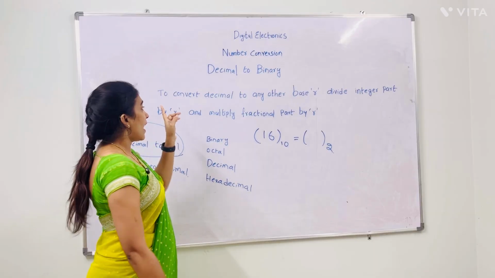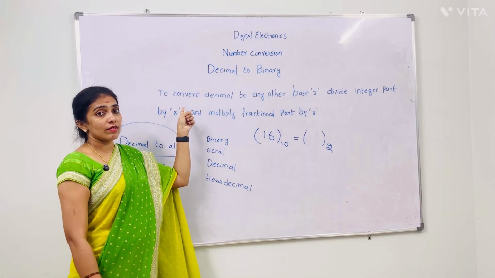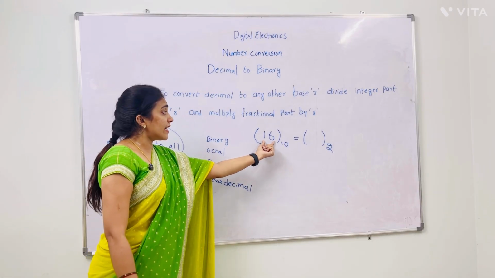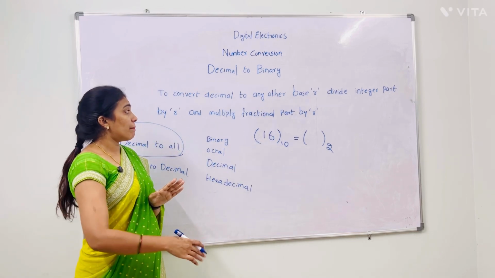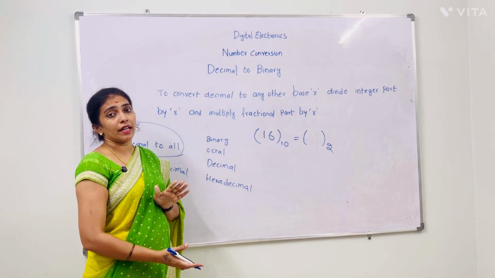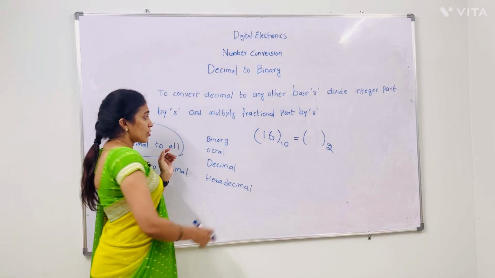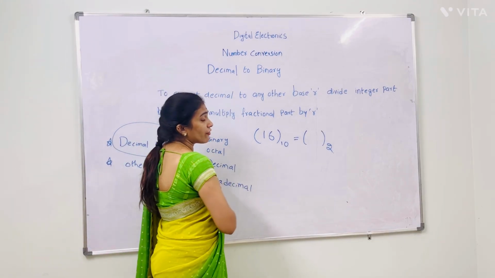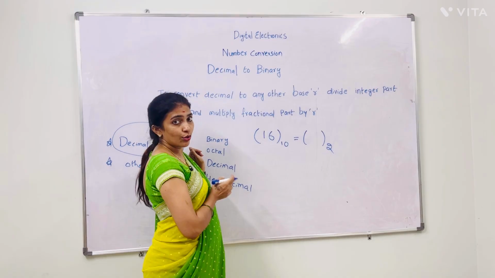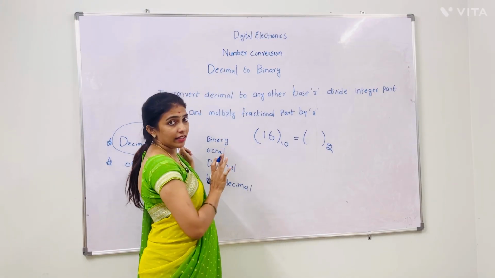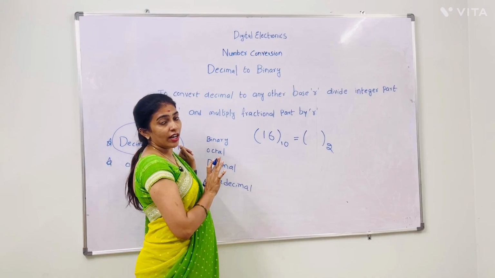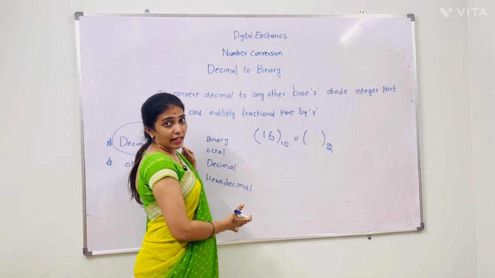Do you remember the sentence? Divide the integer part by r and multiply the fractional part by r. Does this number have any fractional part? No, we have only the integer part.